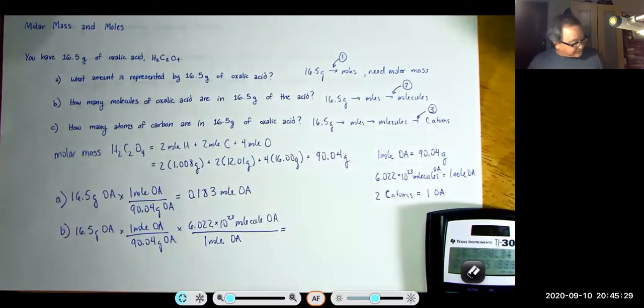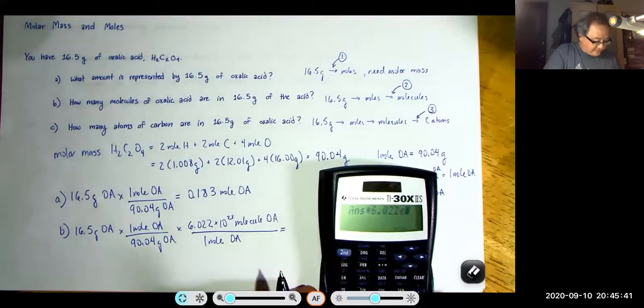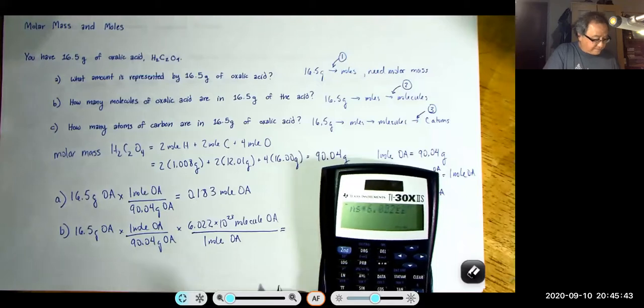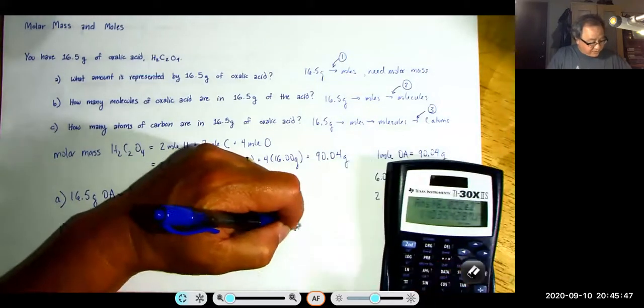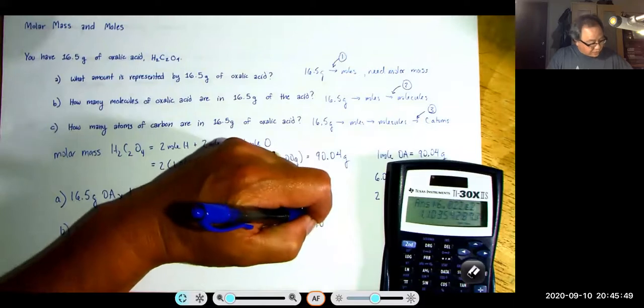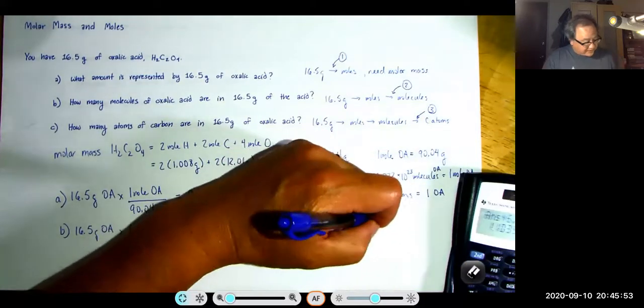So if I multiply 6 times 0.183, I'm going to get around 1, and times 10 to the 23rd. So times 6.022, second EE, 23, and we get 1.10 times 10 to the 23rd molecules of oxalic acid.